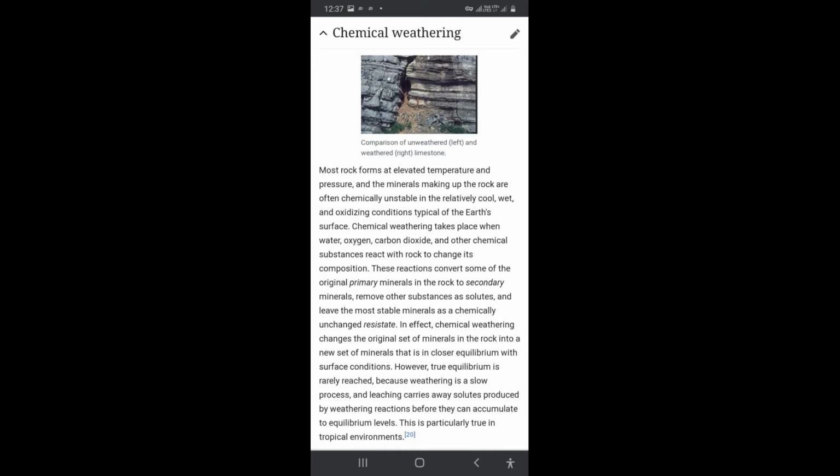So when the H+ ion from water is getting fixed, the K+ ion, that is potassium, is released. Due to these reactions, there are chemical changes and structural changes, and hence it creates a kind of weathering.